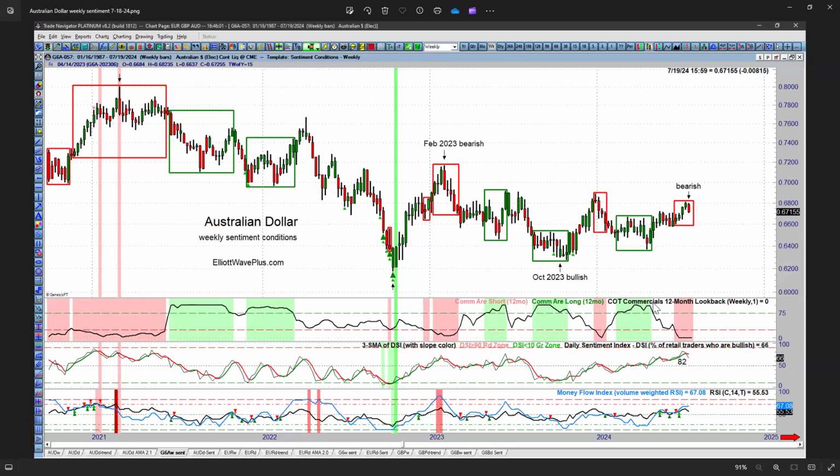A good example I would give for commercials would be gold miners. So in the case of gold, when we look at commercials positioning, we're looking at how the actual mining companies' trading departments are positioned.